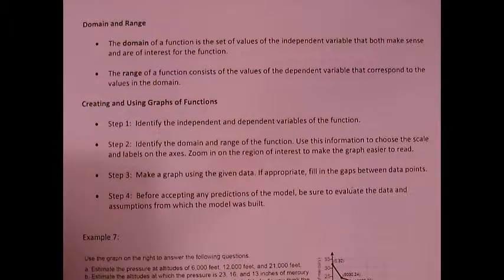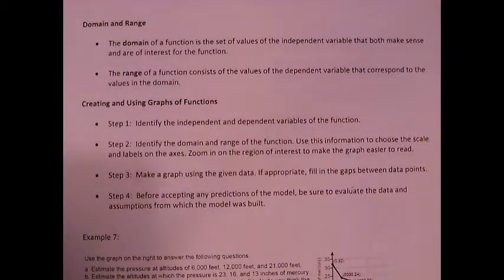Now if we want to create and use graphs of functions, there are 4 steps. Number 1, identify the independent and dependent variables of the function. Step number 2, identify the domain and range of the function. Use this information to choose the scale and labels on the axis. Zoom in on the region of interest to make the graph easier to read.